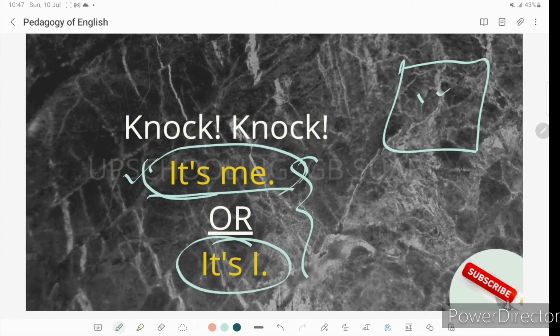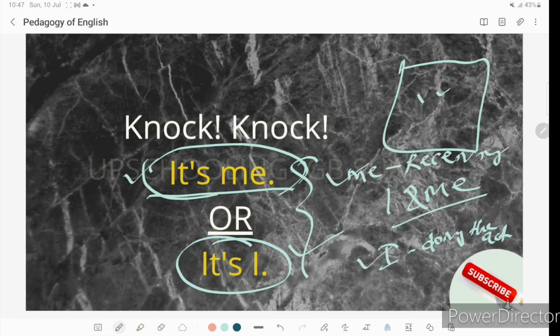This is grammatically sound because it is I who is knocking the door, not it's me who is knocking the door. I would say this is I and me confusion. Use I when you are doing the action and use me when you are receiving the action. This is one of the instances I would like to cite here because this is also an error committed by the Odia speakers.